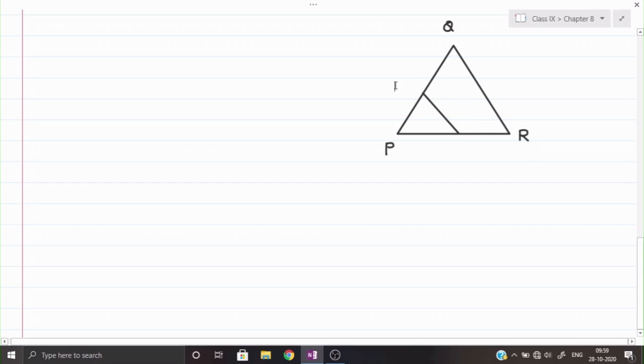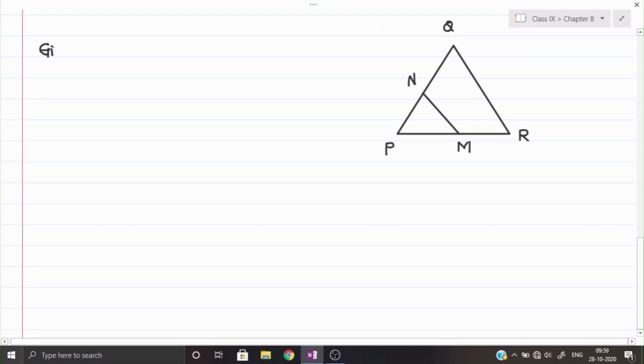This point I name M, and this point I name N. Now see, to apply the converse of the midpoint theorem, what givens do you need?